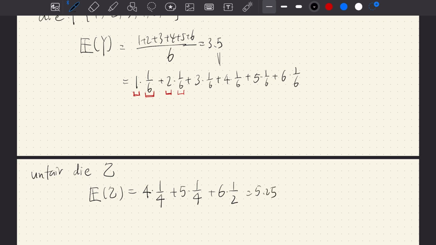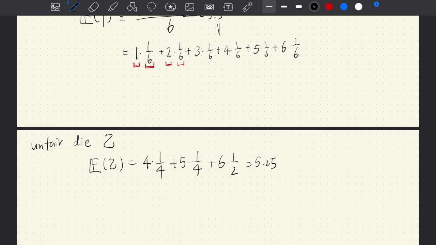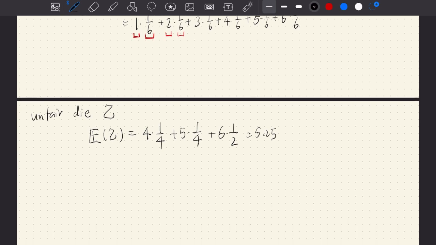Okay, so this is how you calculate the expected value for a discrete random variable. We say discrete because the outcome of a die can only take on 1, 2, 3, 4, 5, 6, which is not continuous. Now we're trying to derive the formula for the expected value for a continuous variable, okay?